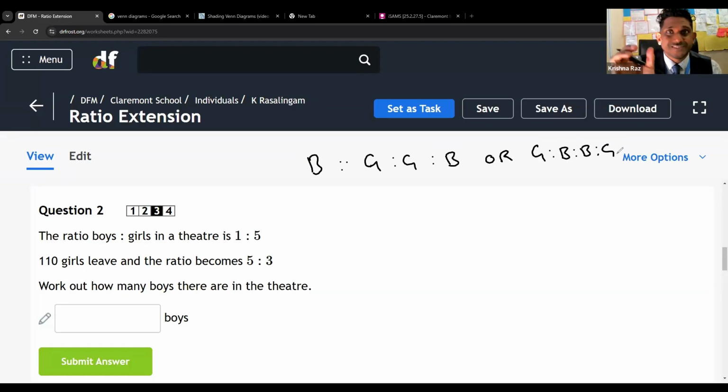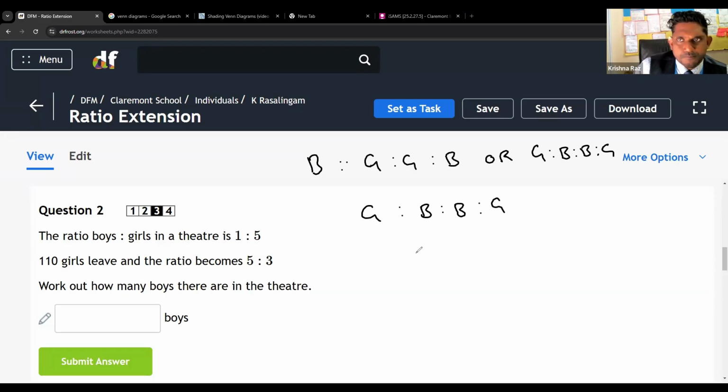It's important, we need to see which number varies. So 110 girls leave, so we want that to be different and the boy bit to be the same. Yeah, so we've got girls to boys to girls.